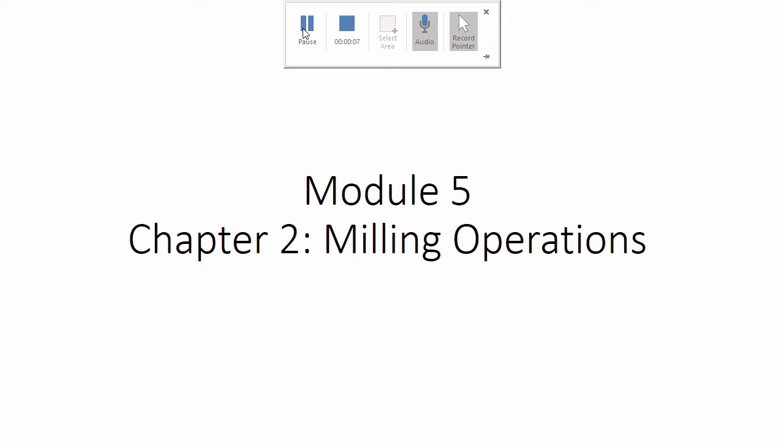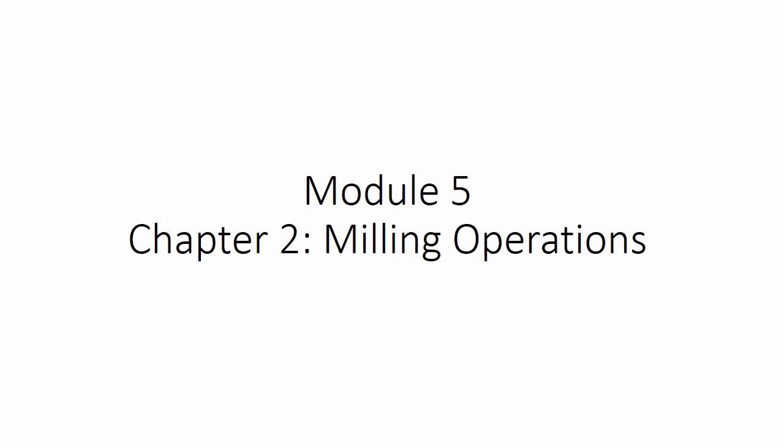Here we are dealing with module number 5, and here we shall start with the next chapter, that is milling operation. This comes under chapter 2 in module number 5.